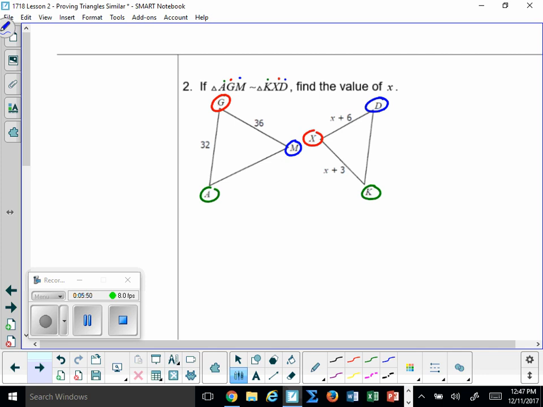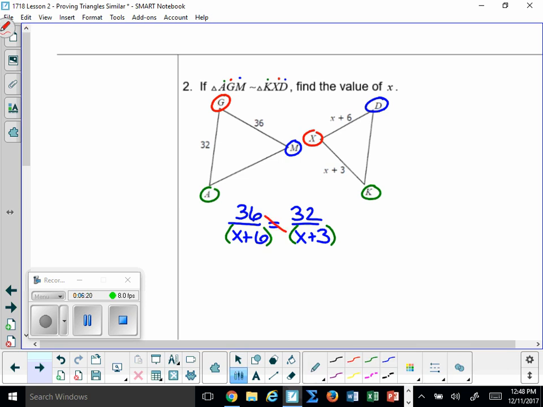Alrighty. How about if I do red to blue is 36, and the other triangle, red to blue, is x plus 6. If I do red to green, that's 32, and the triangle on the right, red to green, is x plus 3. Now I know from the last lesson that I better stick parentheses around these expressions before I cross multiply.